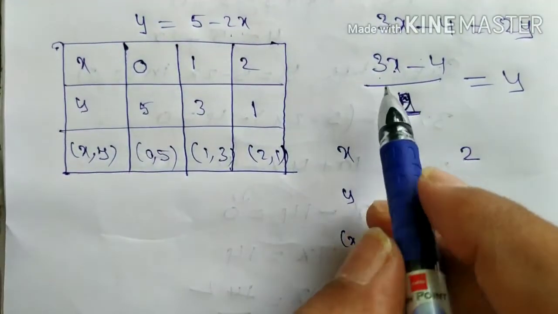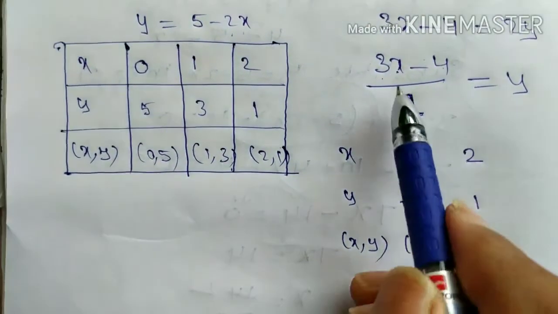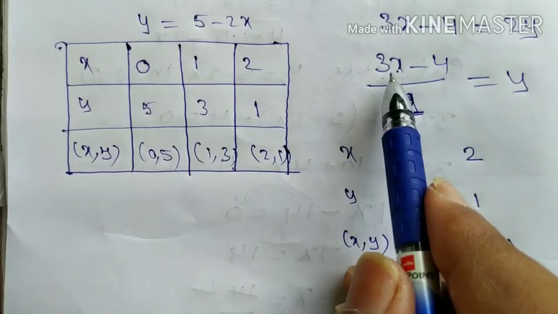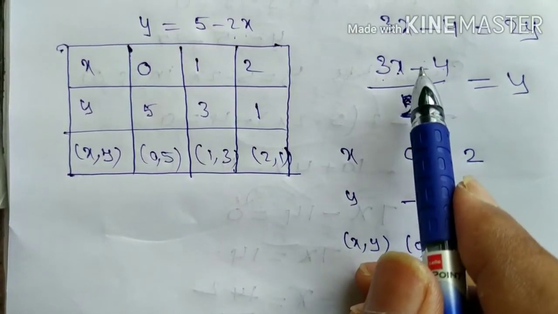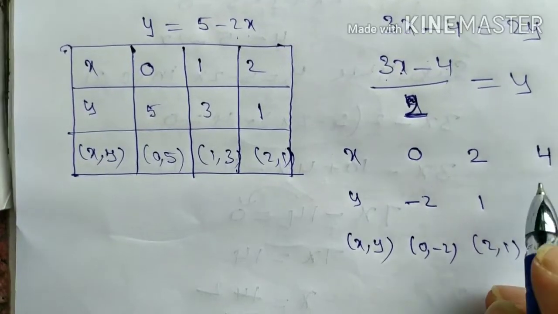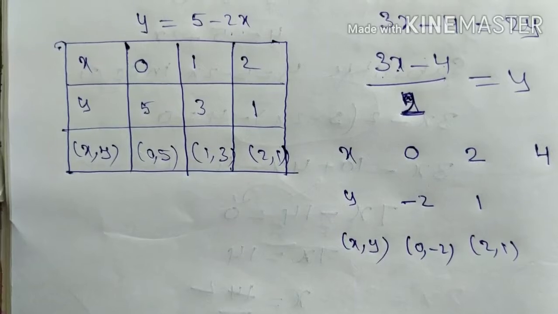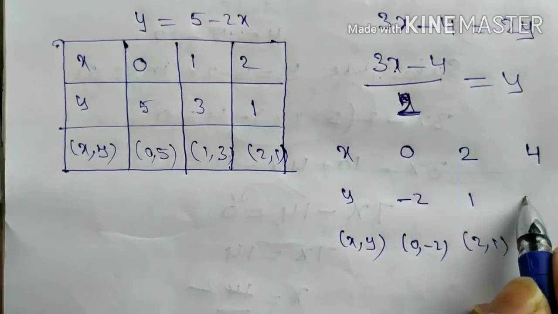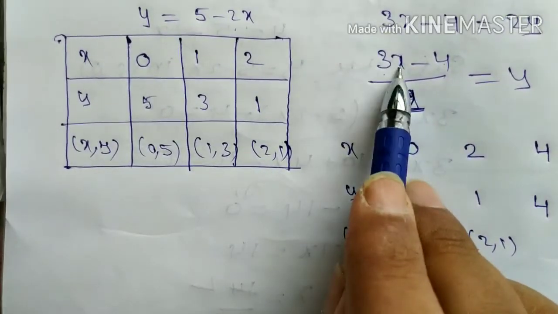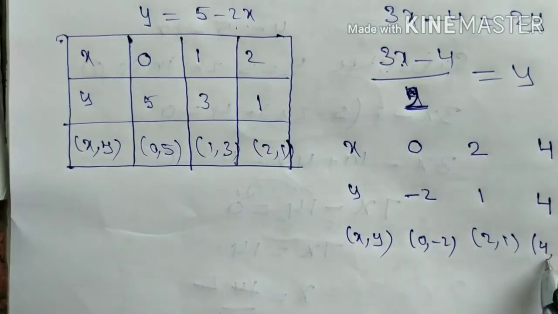If you take 3, 3 threes are 9, 9 minus 4 is 5, no need to take that. Suppose 3 fours are 12, 12 minus 4 is 8, 8 by 2 is 4, so 4 you can take, giving 4 comma 4.